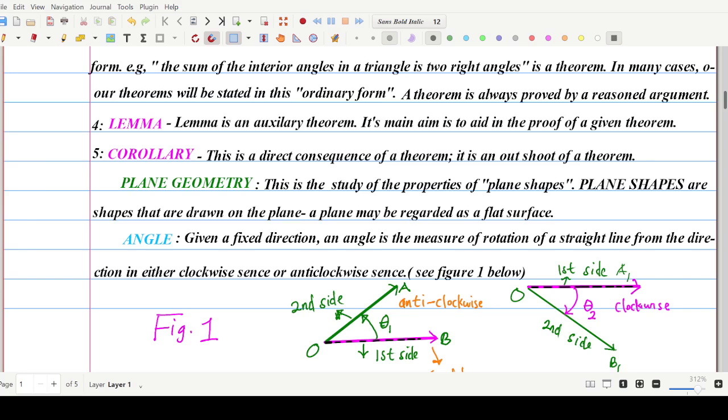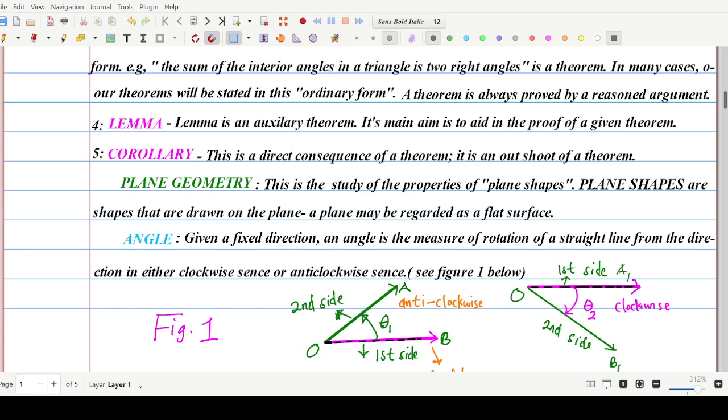So if you look here in figure 1, you see that there is a direction OB, that is a fixed direction. Then a rotation from line OB to line OA describes an angle. Because of the rotation from the direction OB to OA, there is an amount of that rotation.